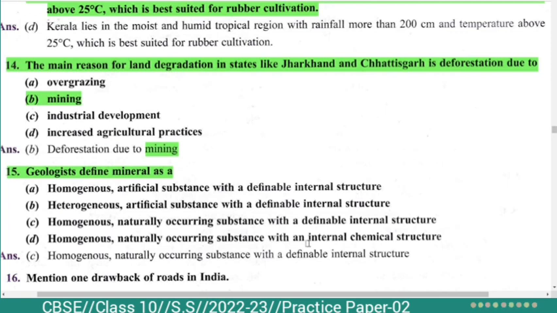D. Homogeneous naturally occurring substance with an internal chemical structure. Here the correct answer is option C. Geologists define mineral as a homogeneous naturally occurring substance with a definable internal structure.